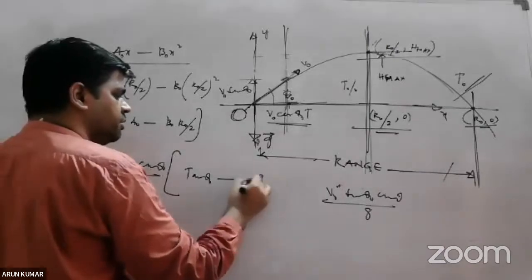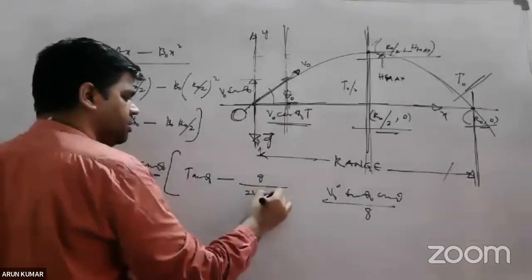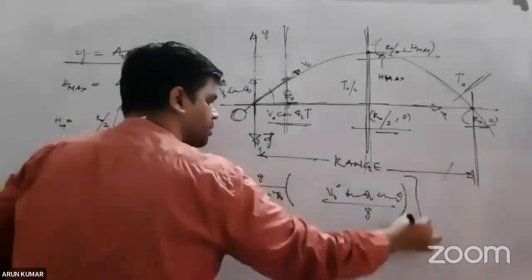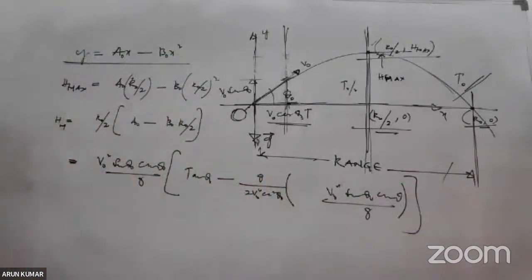What is b0? g by 2 v0 square cos square theta into r0/2. Is it okay? I didn't do anything, I just substituted r0/2 in this equation.